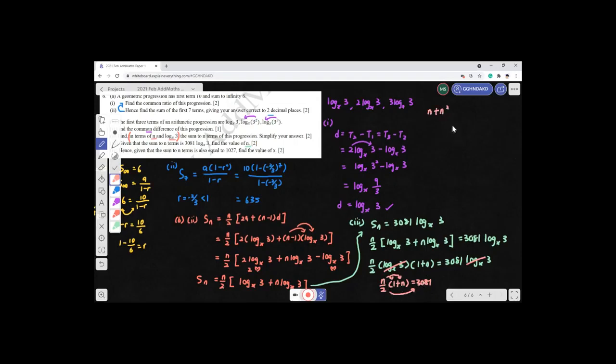The 2 I'm bringing to the other side, it will be 6162. So I bring everything to one side: n squared plus n minus 6162 equals 0. And this is the quadratic equation where you have to find the value of n. What is the value of n from here?